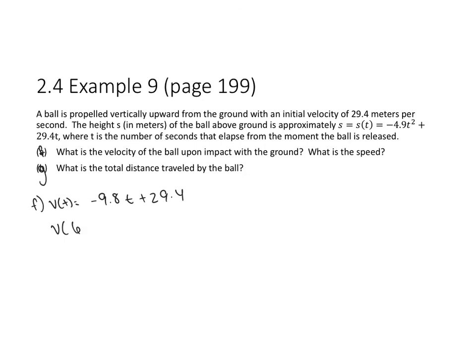So now I'm going to say at 6 seconds, it's negative 9.8 times 6 plus 29.4. And the velocity at time 6 is negative 29.4 meters per second. Now, it definitely should be negative because this ball is on its way down. On its way up, it might be positive.